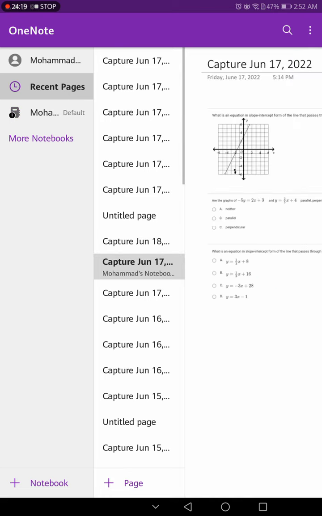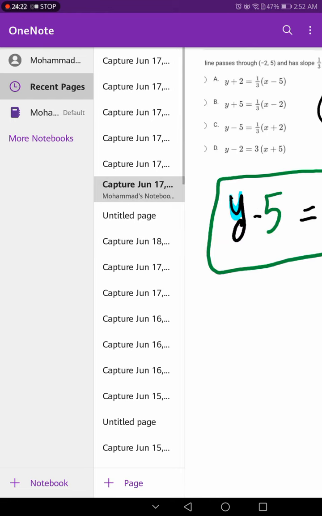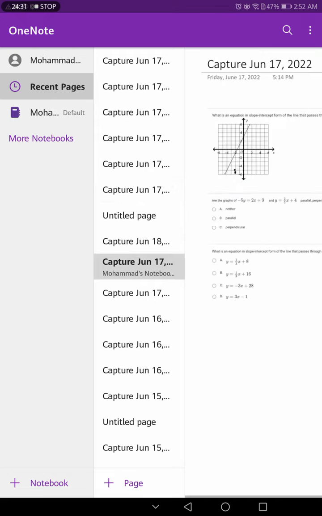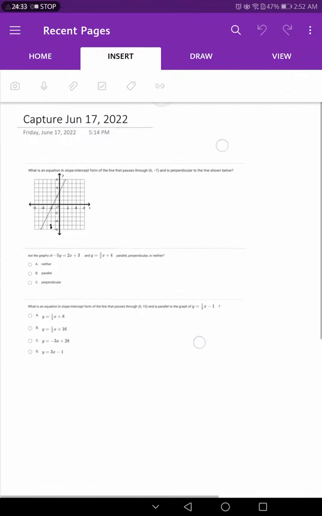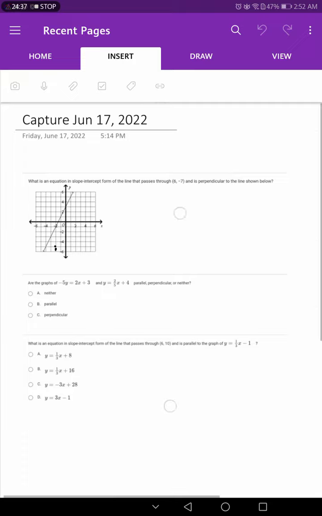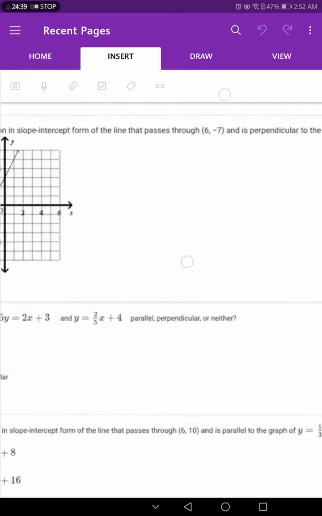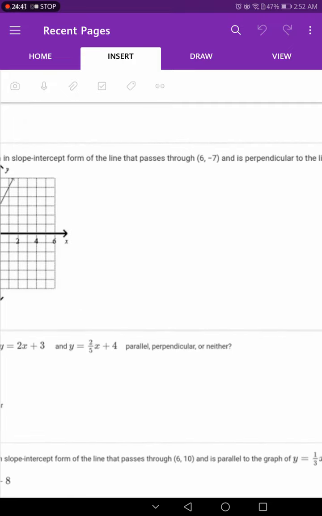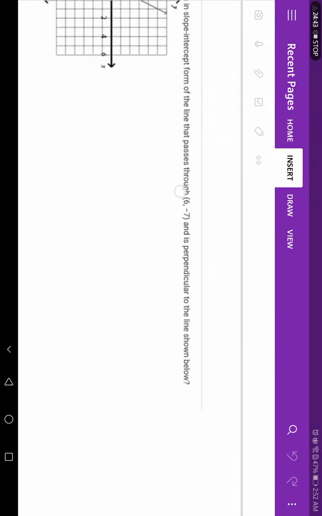Now we reach here. We finish this. Yes, now this is 5-6, the last page. See here. Let me flip this. Please forgive me.